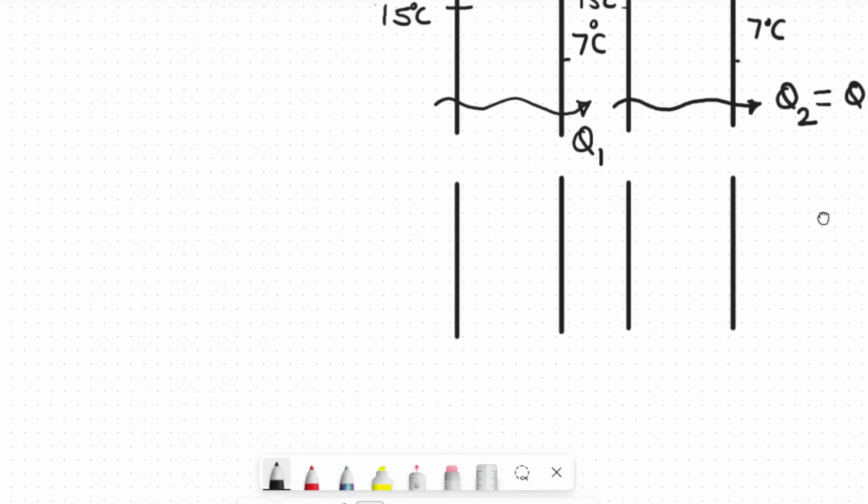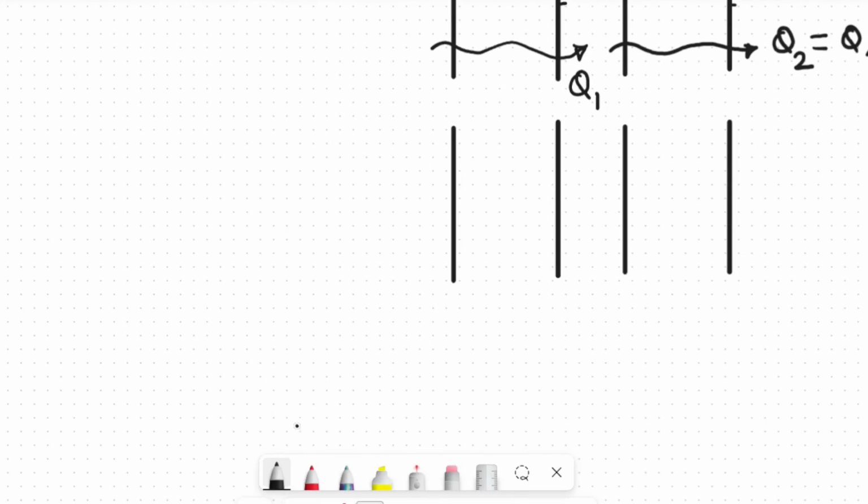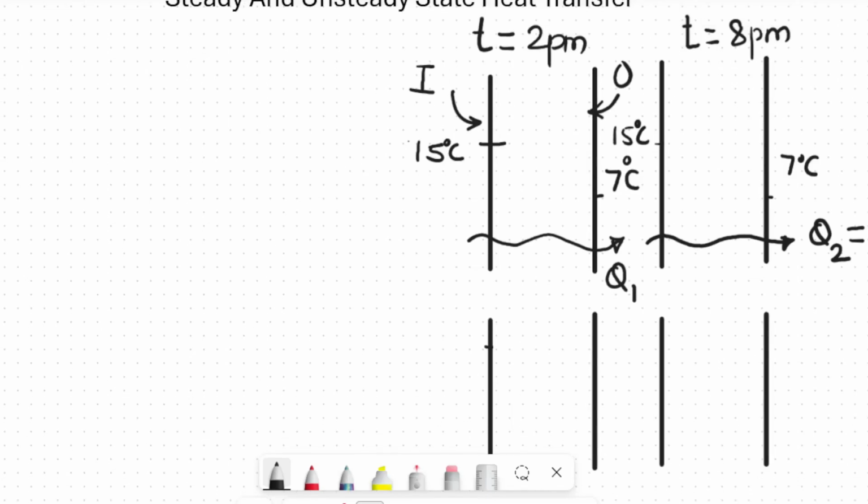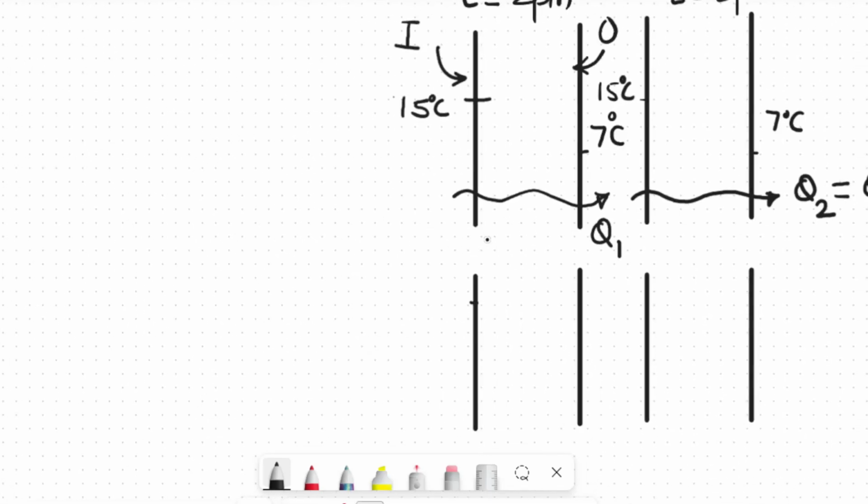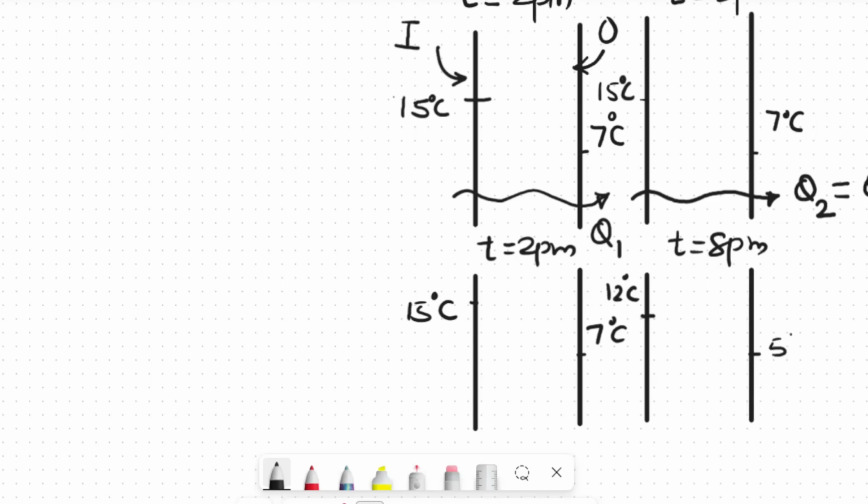Okay, let us take another example. Now in this example, we have measured the temperature at the same times, that is time equal to 2 p.m. and time equal to 8 p.m. And we found that the inside temperature was 15 degrees Celsius and the outside temperature was 7 degrees Celsius at 2 p.m., and at 8 p.m. the inside temperature dropped to 12 degrees Celsius and the outside temperature dropped to 5 degrees Celsius.